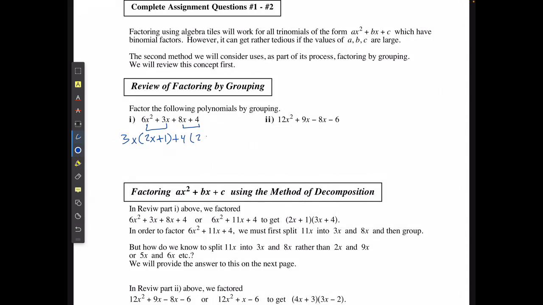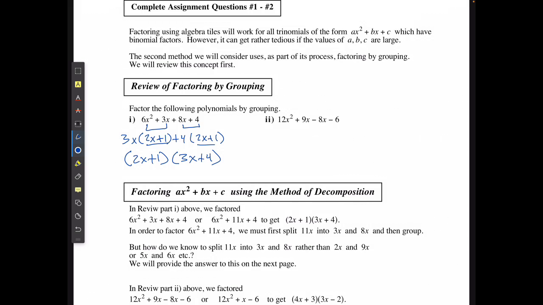And I'm left with 2x plus 1. I know what I'm doing is correct because what's left in the brackets is the same. So both the 3x and the 4 have a common factor of 2x plus 1. So I'm going to say that's what's inside the brackets, 2x plus 1, multiplied by what's outside the brackets, 3x plus 4. And there are my 2 factors.